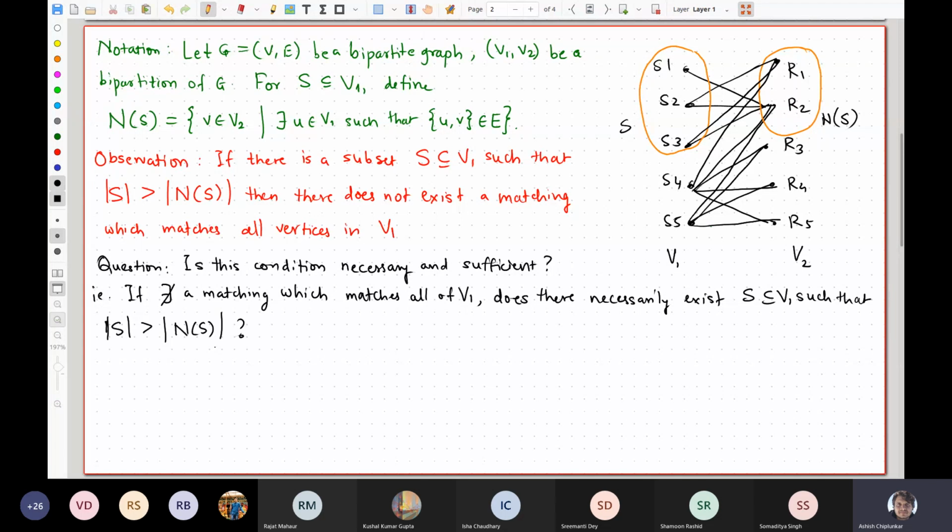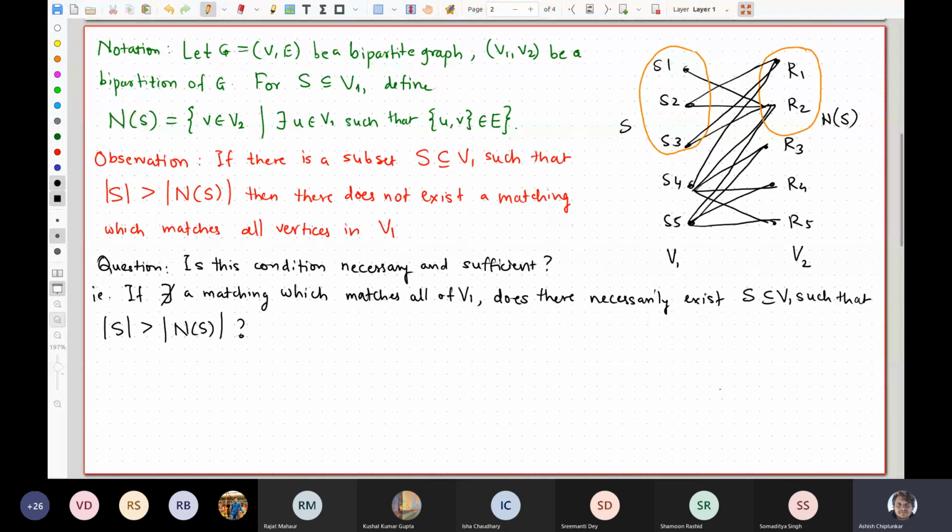Somebody mentioned in the last class that this looks like a necessary and sufficient condition, so somebody believed that the answer to this question is yes. Who was it? Could they raise their hand? Okay, possibly they're not present today.